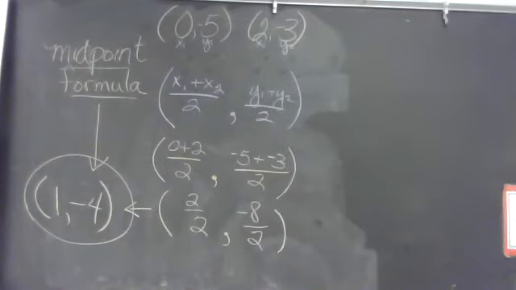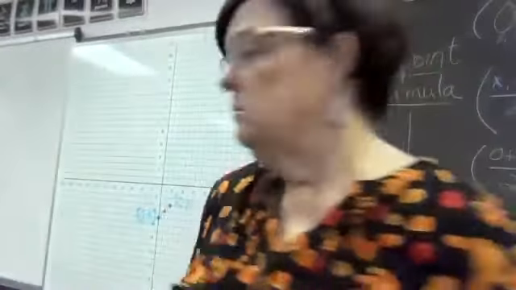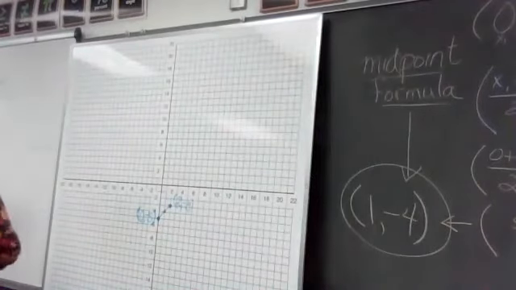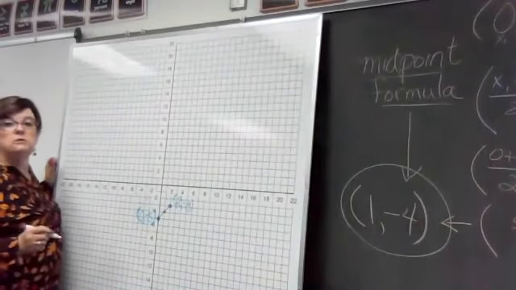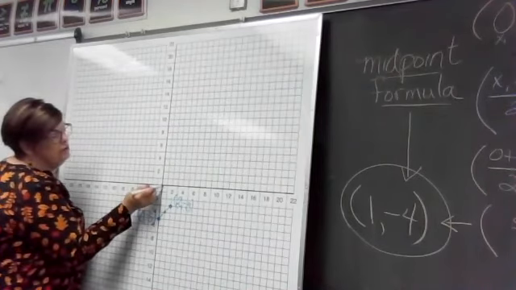After y'all see that, then we're going to come over here and see how close we were. So 1, -4 is supposed to be the midpoint. We'll come back to our segment. And I'm going to plot, what is it? 1. So I start at the origin.